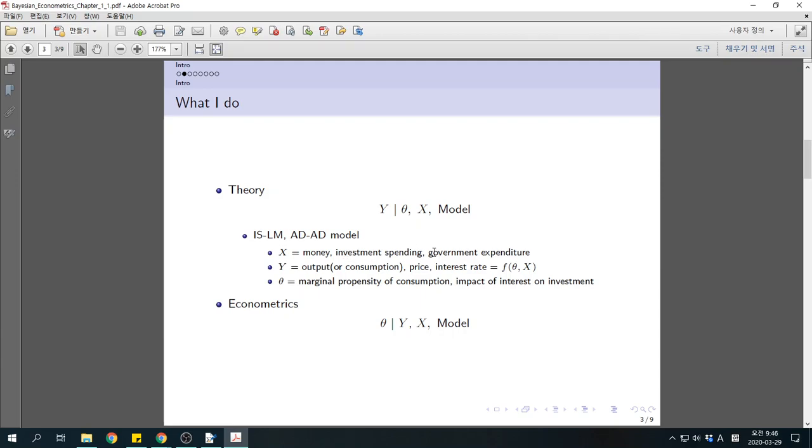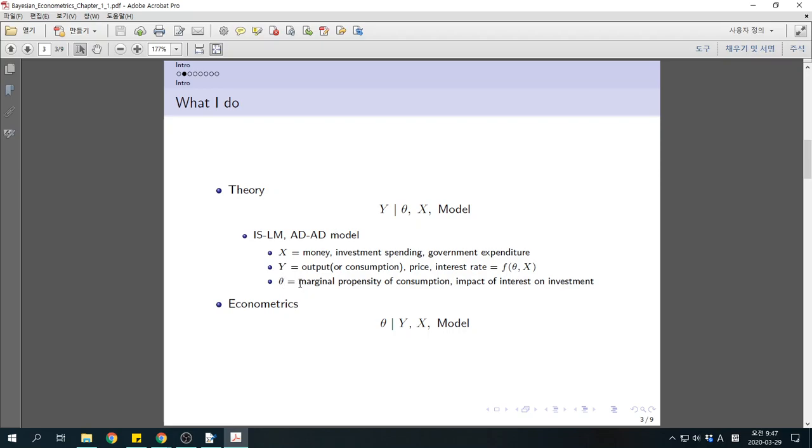And government expenditure. So these are exogenous variables. What are the endogenous variables? Y, output or consumption, and price level, and interest rate. These are endogenous variables.